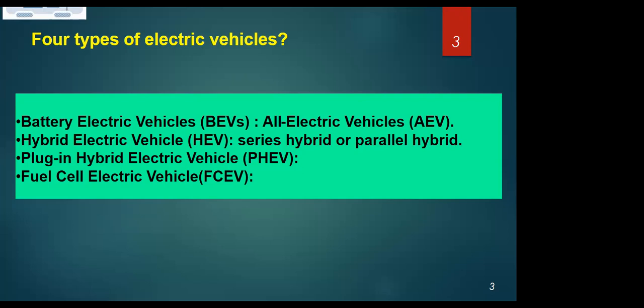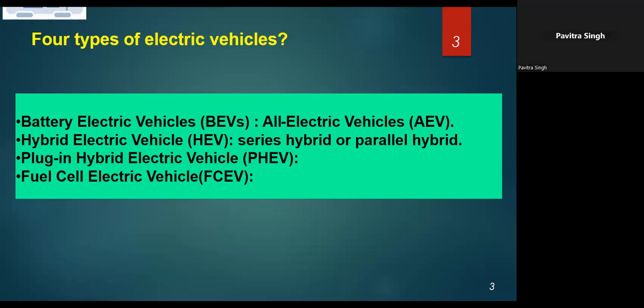Next is the plug-in hybrid electric vehicle, and last is the fuel cell electric vehicle. We use fuel cells in the electric vehicle. This is also a new technology, and it is in the research areas.